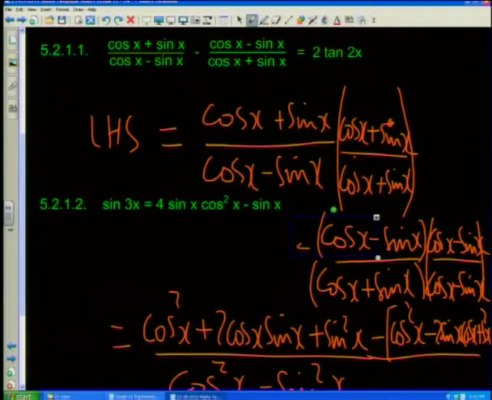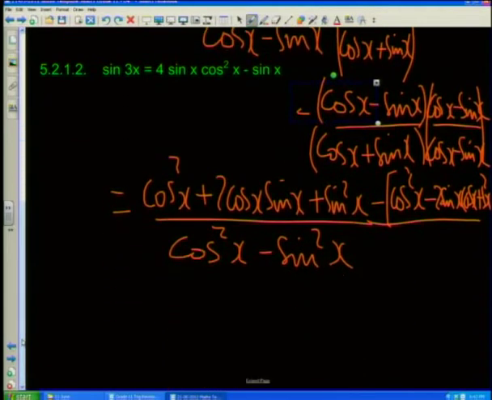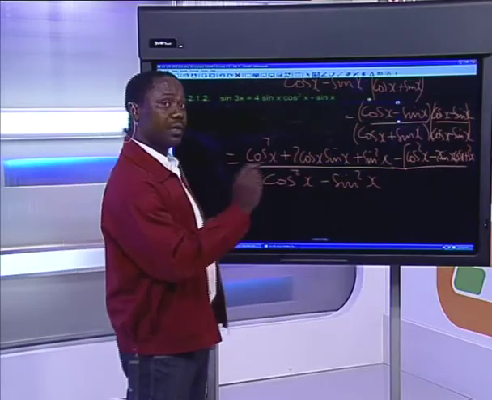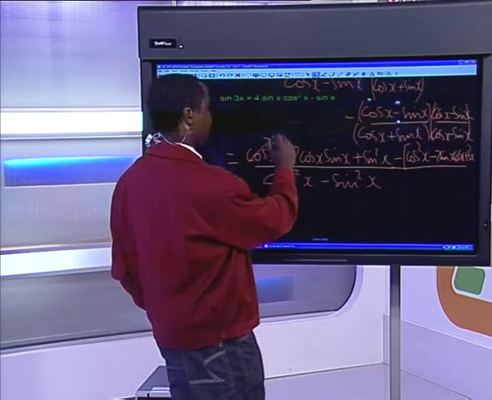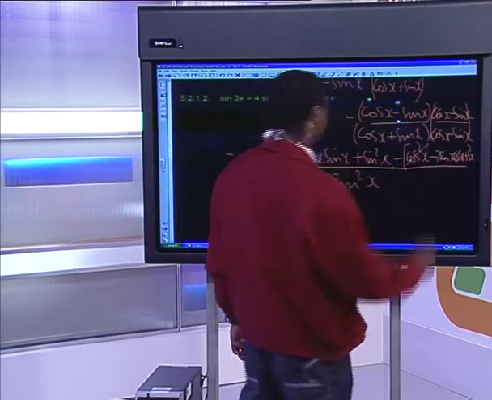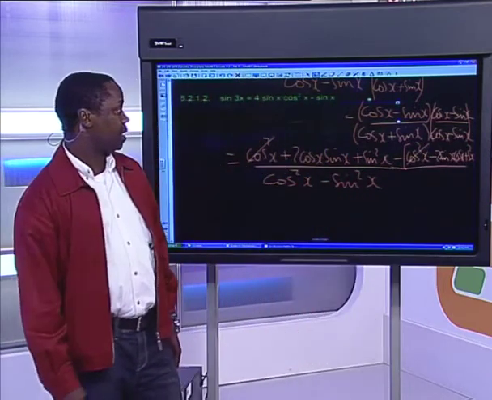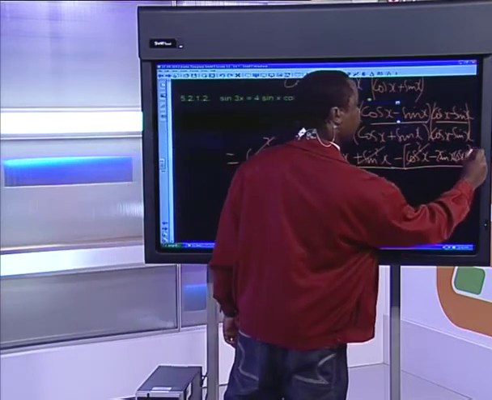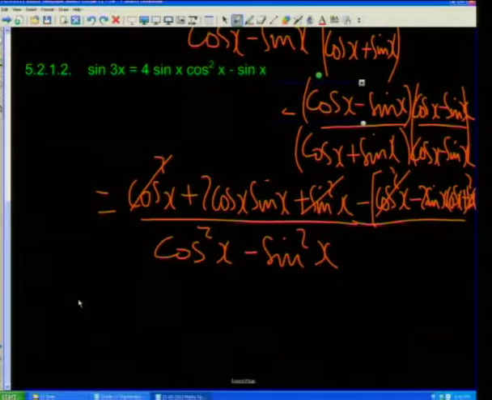Now I've got that square bracket, and everything inside the bracket is going to be affected by the minus. Therefore, you will see immediately that the cos squared will fall out. What else will fall out? I think the sine squared will also fall out. So what you're left with is 2 cos x sine x, and that one turns into a positive.